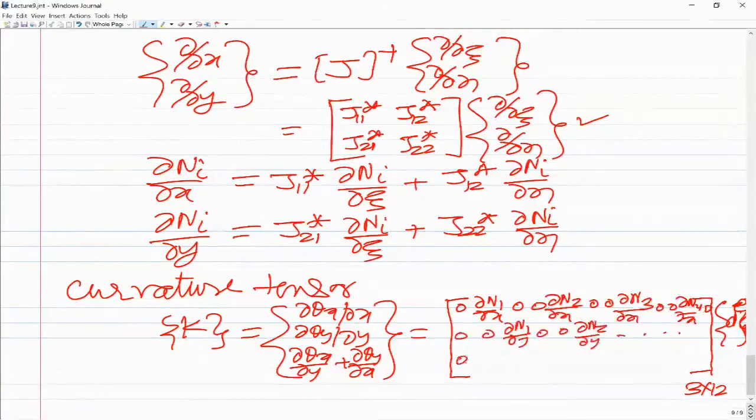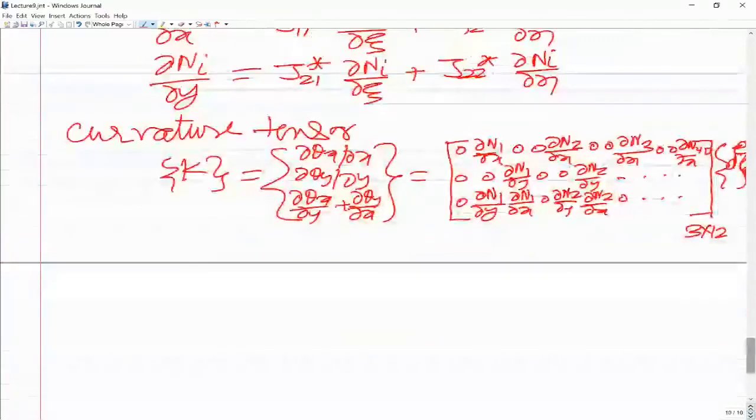This would be 0, del N1 by del y, since it is the derivative of theta x with respect to y, and the derivative of theta y with respect to x, so del N1 by del x, 0, del N2 by del y, del N2 by del x, and 0, and so on. You can write the other terms.